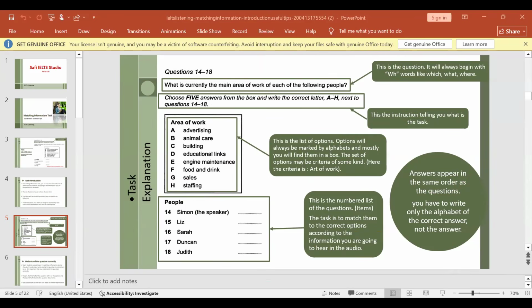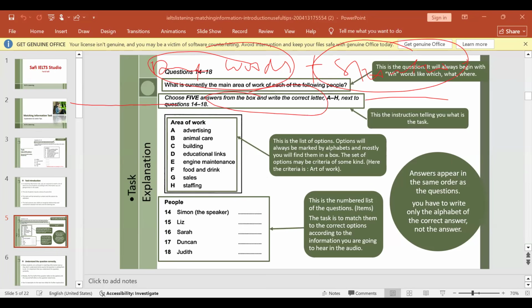In wording, they can change two things: number one, different words, plus structures. Paraphrasing is about using synonyms as well as changing structures. So the examiner never repeats exact words.